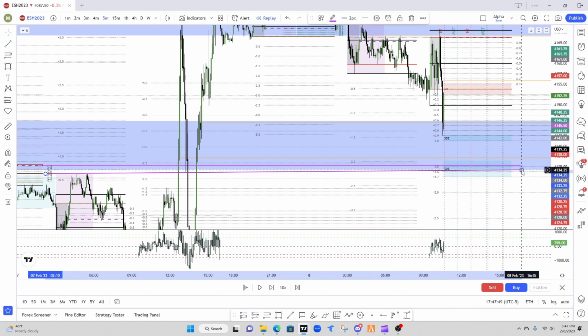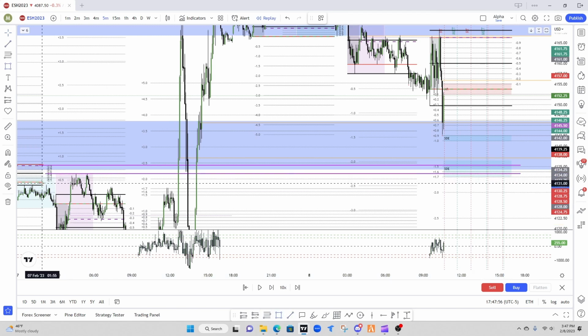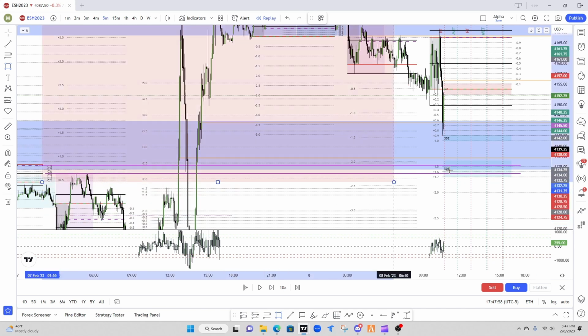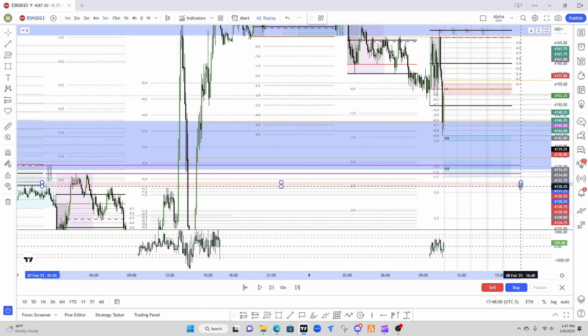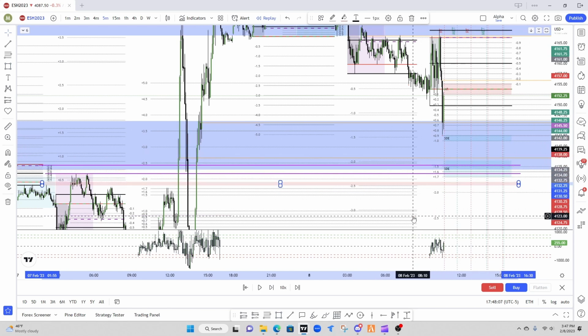Price tends to react to them, so we like to mark them out, whether it's with a zone or a straight line, just so we have something to note that price will react in those areas, and we could see some type of reaction.